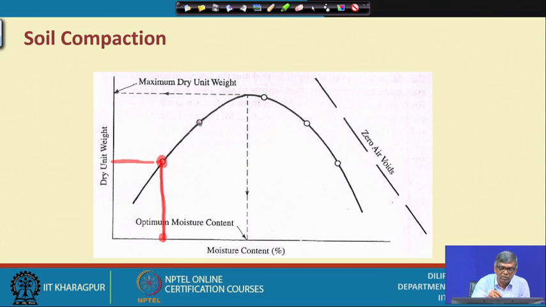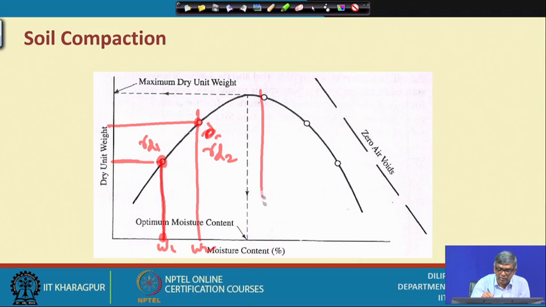Then again we add 1 or 2% more water and get another compacted sample, and based on measurement we get the dry unit weight. So this is W1 and this is W2, and this is gamma d1, this is gamma d2.